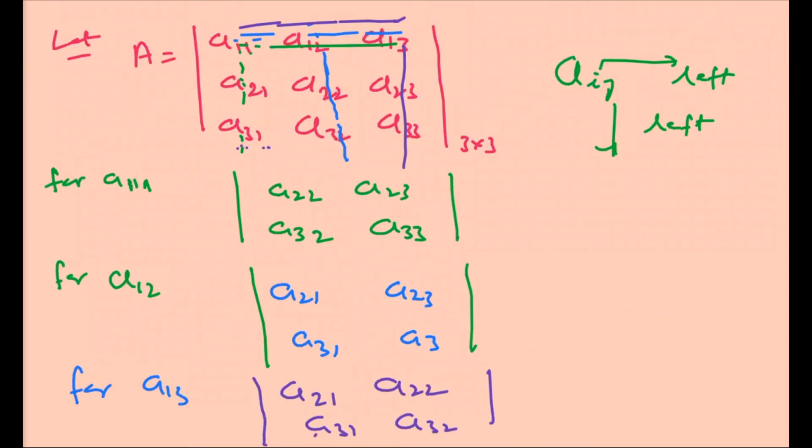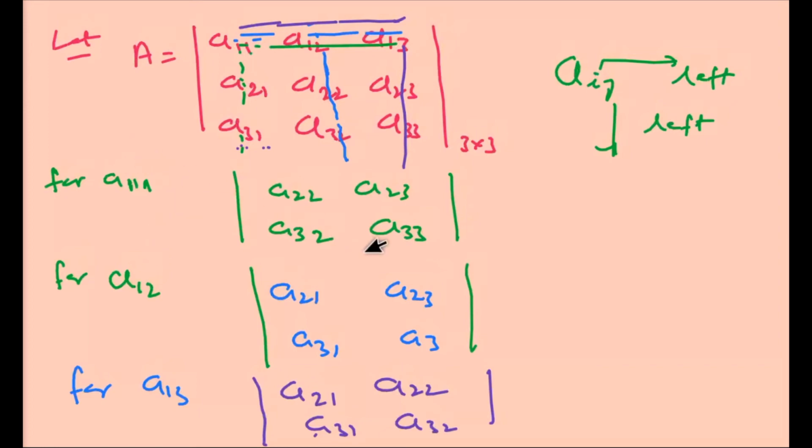Now if we are using the sign of this member with this minor, what is the sign, plus or minus? How will we get the value of plus or minus?